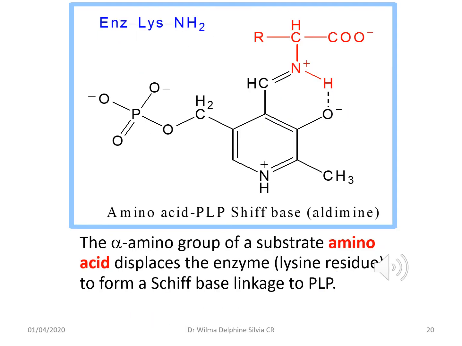So we have a free amino acid and the enzyme linked to the pyridoxal phosphate by a Schiff base. When the reaction happens, the alpha amino group of the amino acid displaces the enzyme to form a Schiff base linkage to PLP. So here a Schiff base is formed between the amino acid and pyridoxal phosphate.